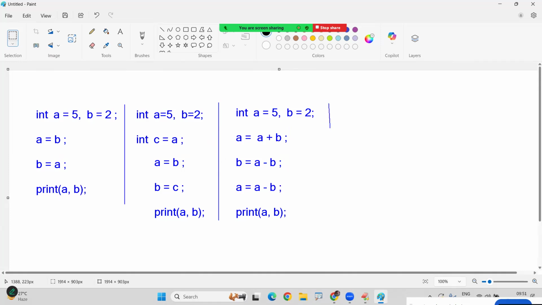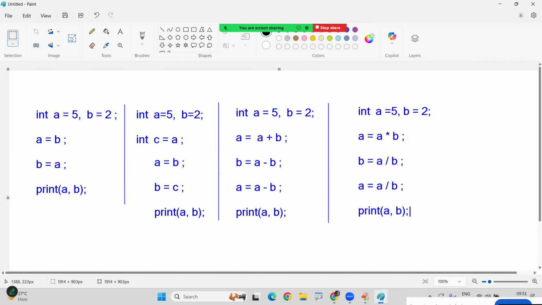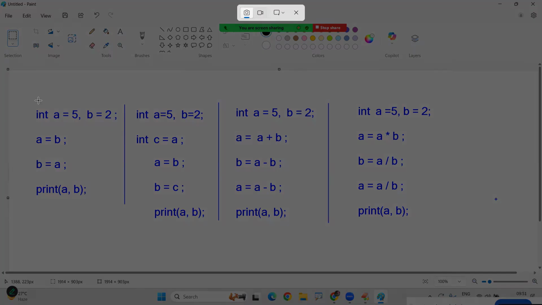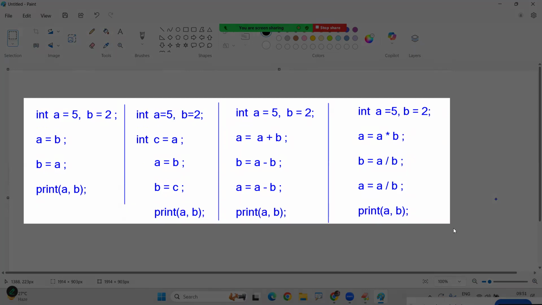Just note down the 4 codes and try to write the outputs.